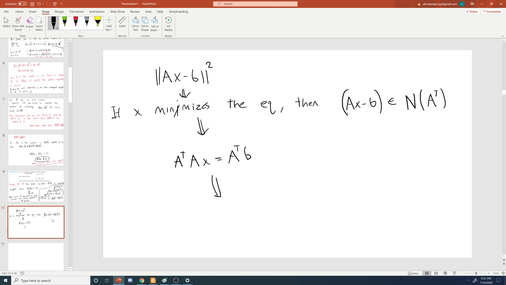Now, the next implication follows from the previous theorem, because, to be completely concrete, if the columns of A are linearly independent, then we have to have that A transpose A is invertible.